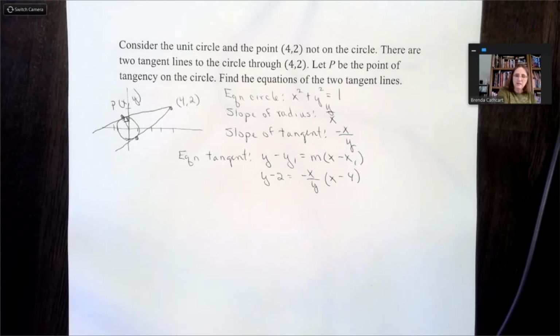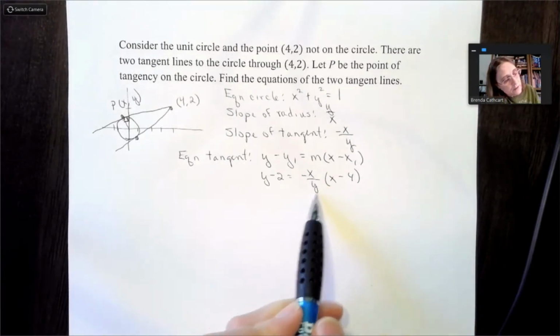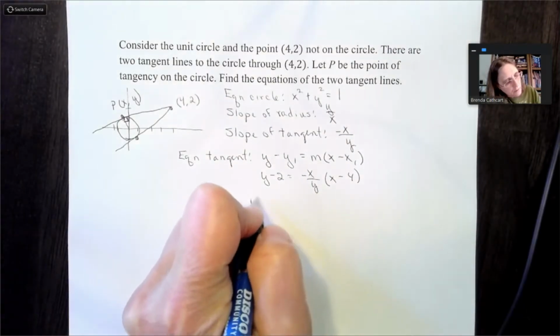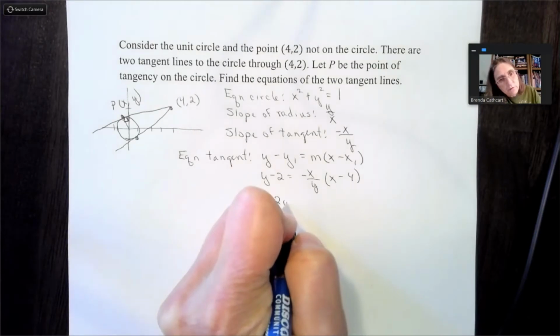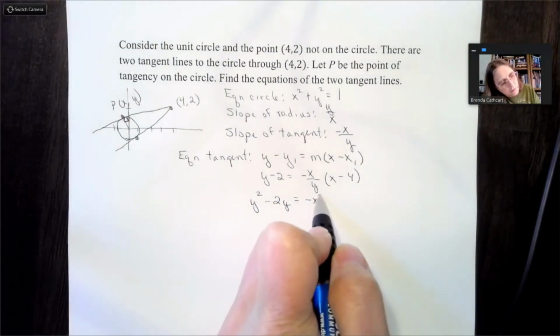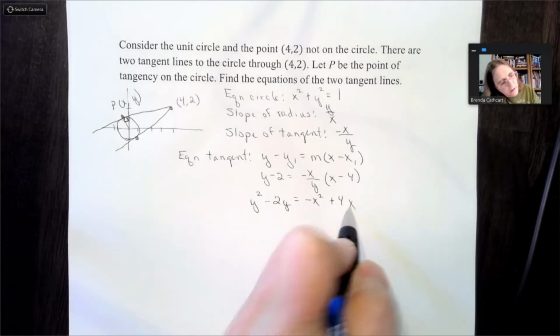That does not look like it's a very useful form. We can make it a little bit nicer by multiplying both sides of the equation by y, giving us y squared minus 2y equals negative x squared plus 4x.